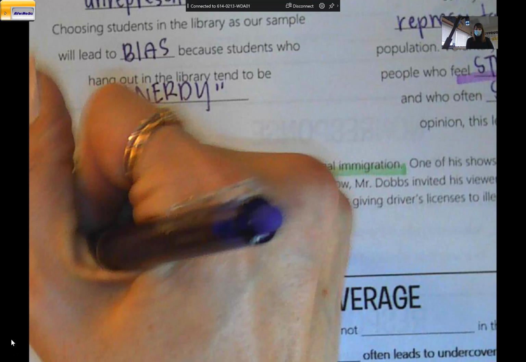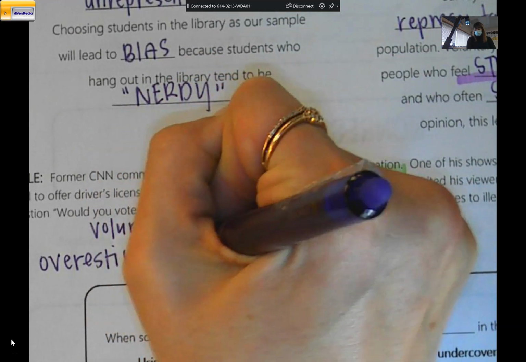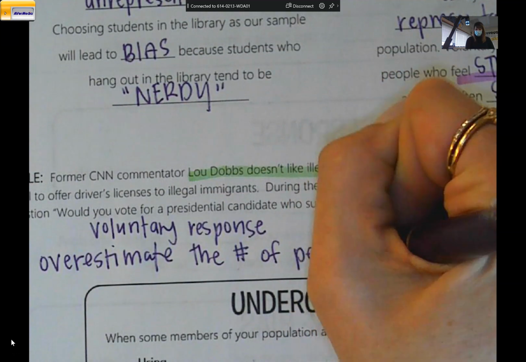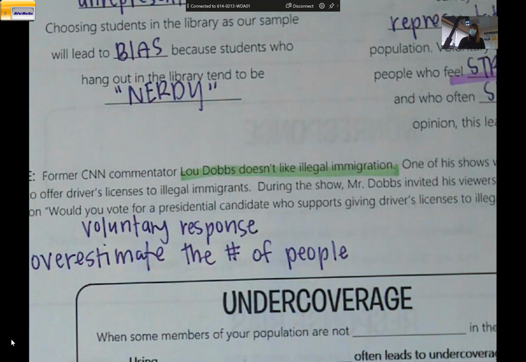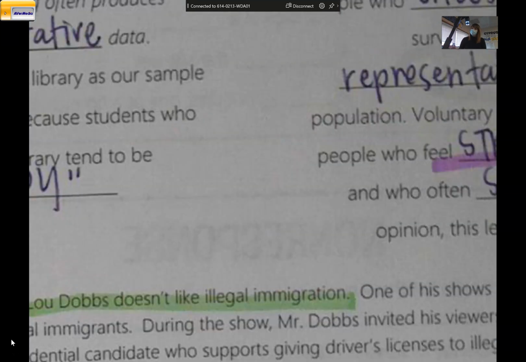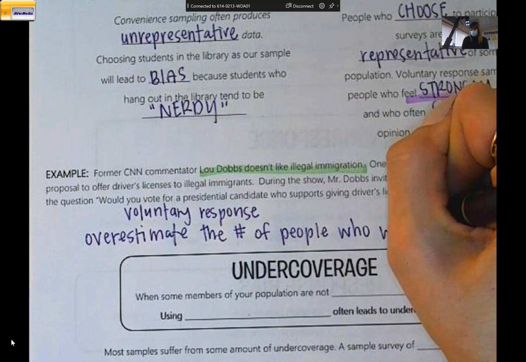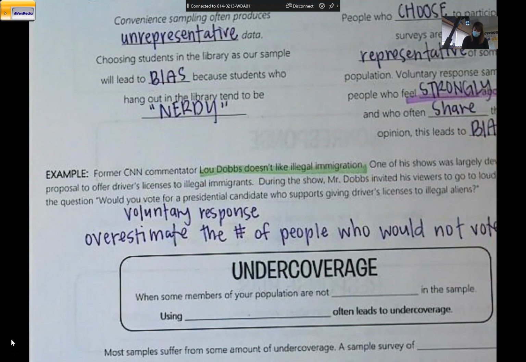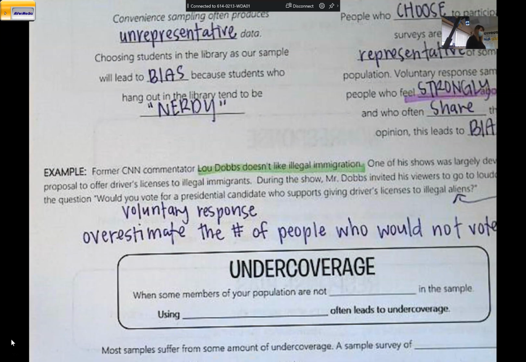So this would overrepresent or overestimate the number of people who would not vote for, and then just draw an arrow to the question.